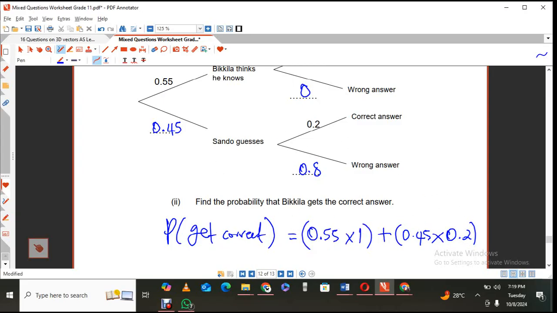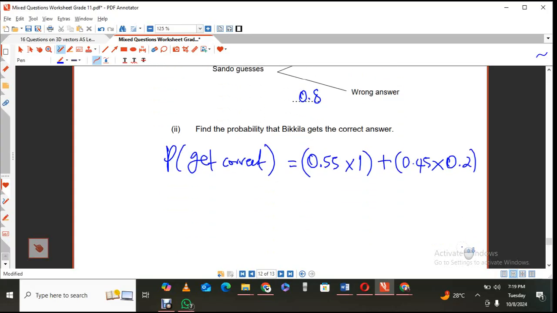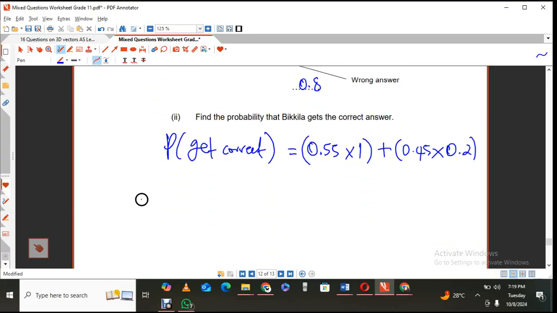So basically all of that should give you the answer that we're looking for. So in this case 0.55 plus, in this case you're going to get 0.09. Okay, once you add all of that, you get 0.64.